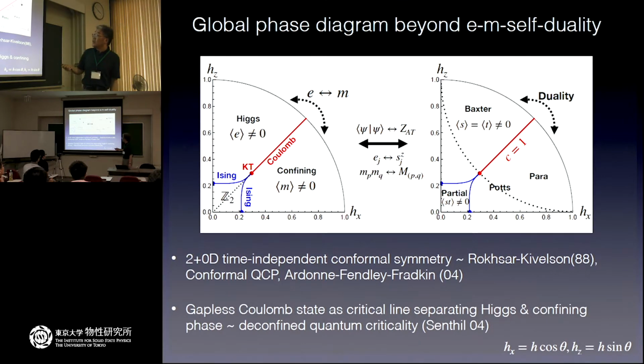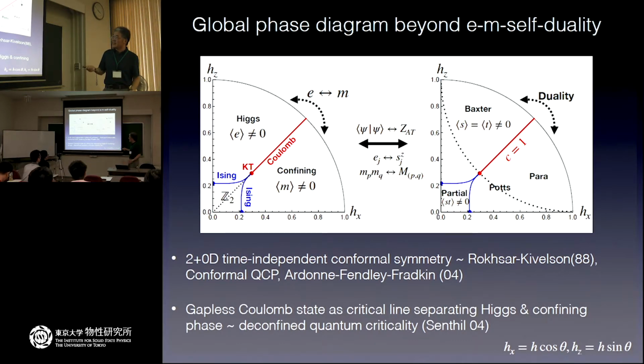So the difference is, sorry, the two important properties I should point out. In order to answer your question, in the whole phase diagram, all the phase transition lines are described by a two-dimensional conformal field theory instead of a 2+1 conformal field theory.